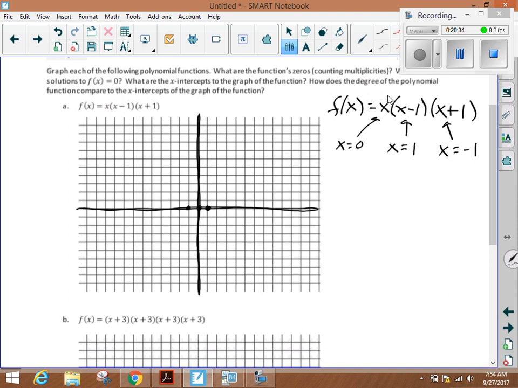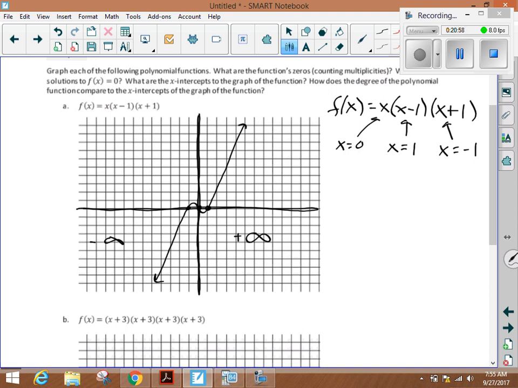So it doesn't quite reach y equals 1, right? And then it comes back down and it doesn't quite reach y equals negative 1. And then it comes back up. And I'm just going to write these arrows to signify that this thing keeps going on and on forever, in the direction of negative infinity and in the direction of positive infinity.